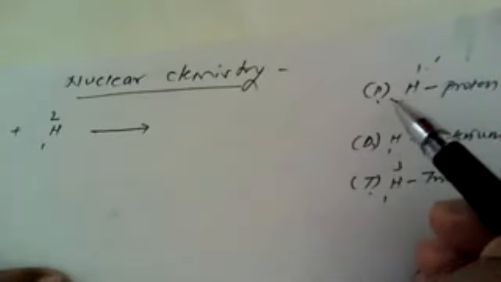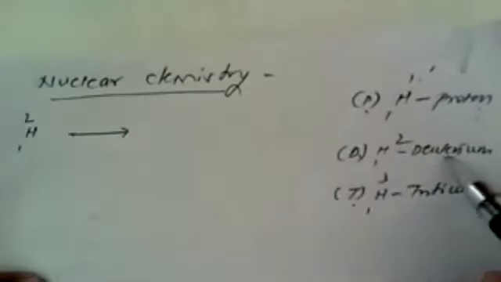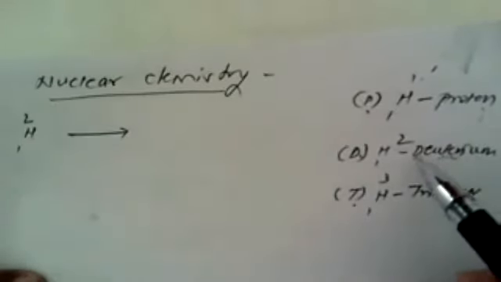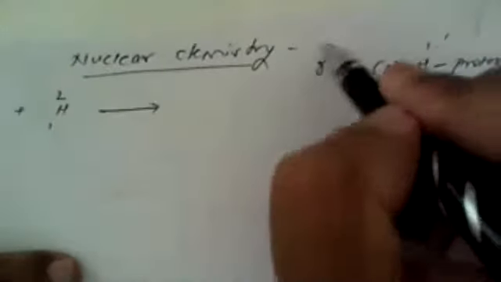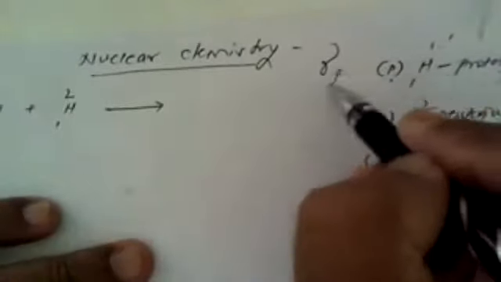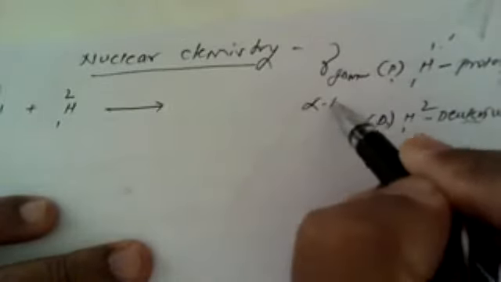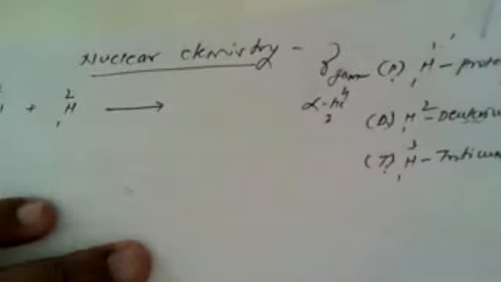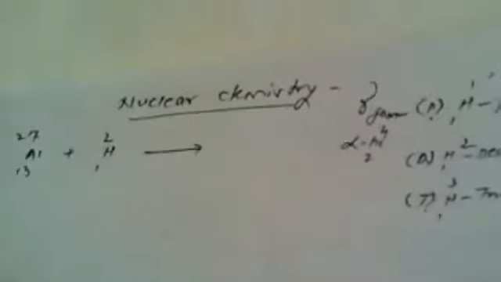P stands for a proton, D for deuterium or deuteron, and T for tritium. Gamma particles are there, and alpha particles, which are nothing but helium nuclei. So we shall come across any of these ejectiles during the course of these nuclear reactions.